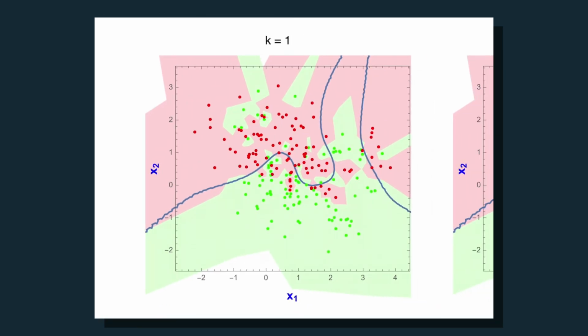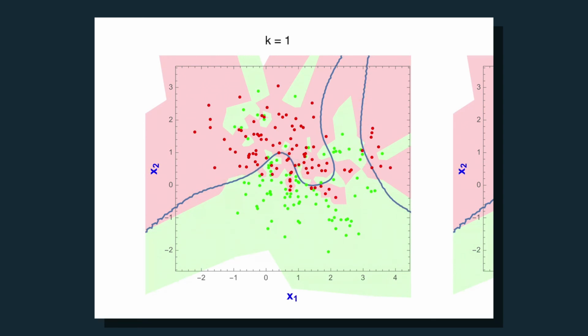So here are about 100 points, 50 of which are in class red, and the other 50 are in class green. These points were sampled out of known distributions, which have a decision boundary shown by this curve here, which is a weird decision boundary, but this is the theoretical truth.